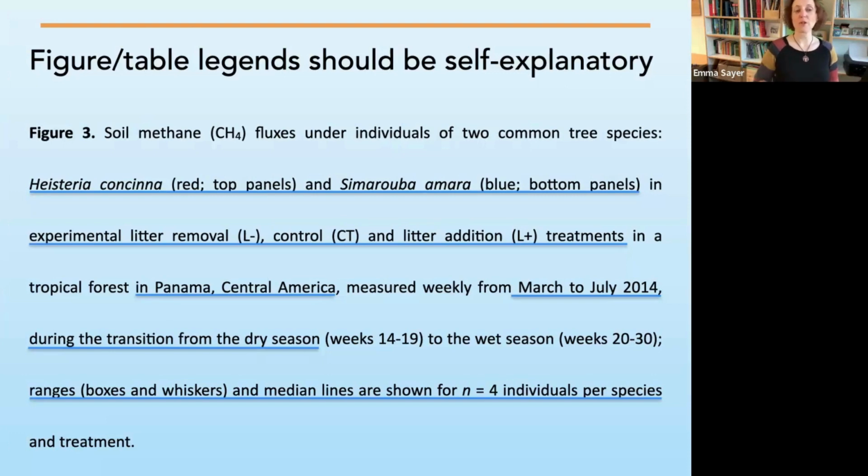I've also put during the transition from the dry season to the wet season, with the week numbers. This is really important for the study. And then I've given ranges, median lines, and the sample size. In this one it doesn't actually mention the outliers, but it's absolutely correct that we should mention that the circles are outliers.